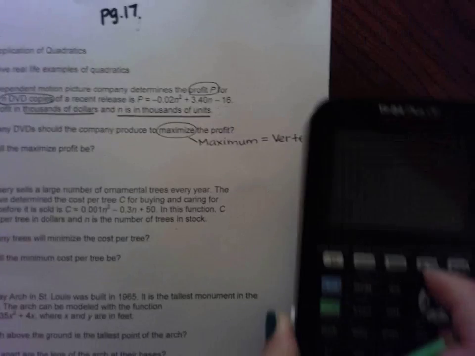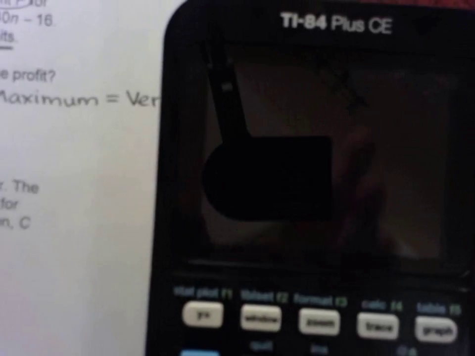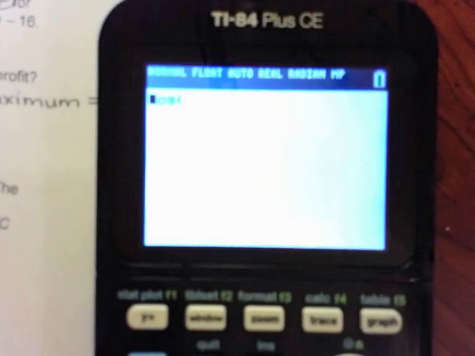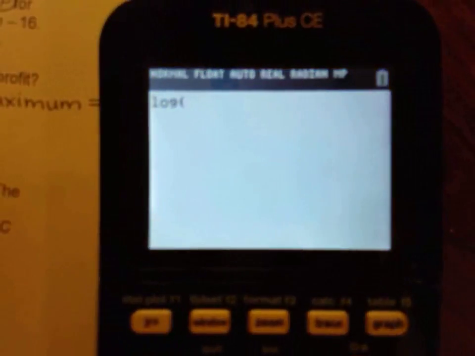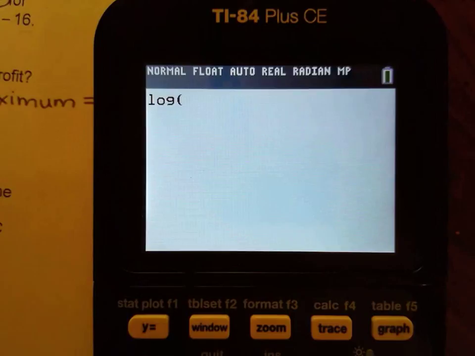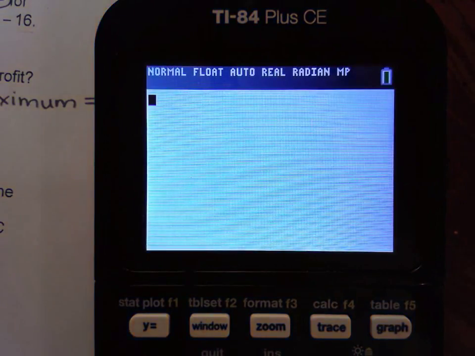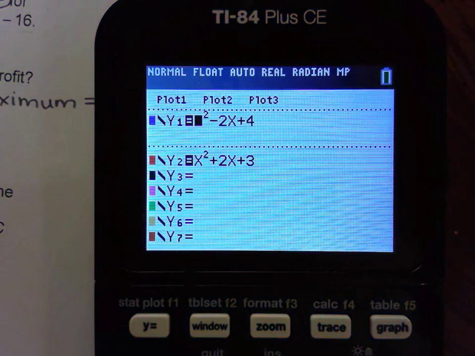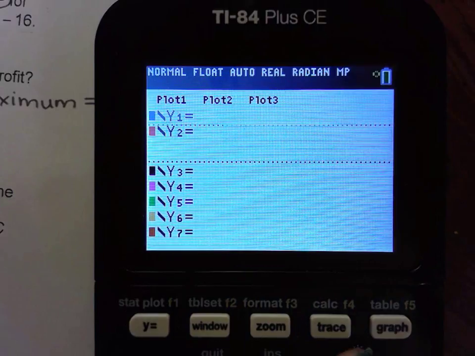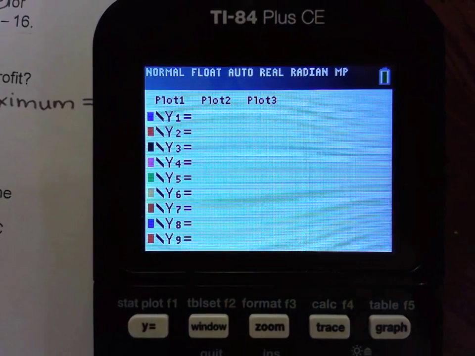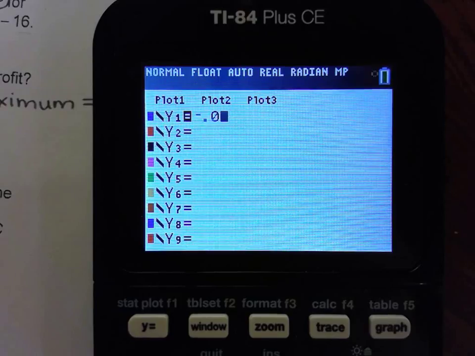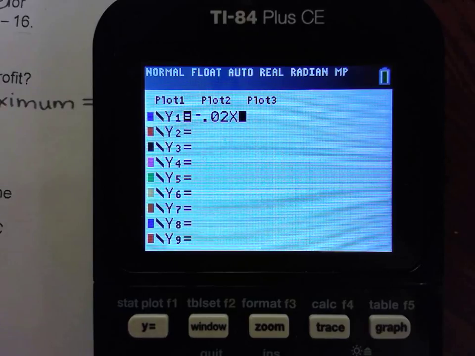Okay? So, we're going to get the graphing calculator out. I'm going to kind of try to zoom in on it for us. Hopefully that'll show up pretty decent. Okay, so we're going to go to y equals and clear out whatever's there. And we're going to put in your profit, which is negative 0.02 x squared.